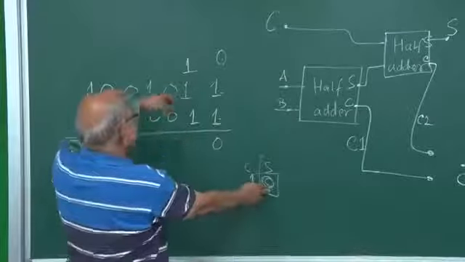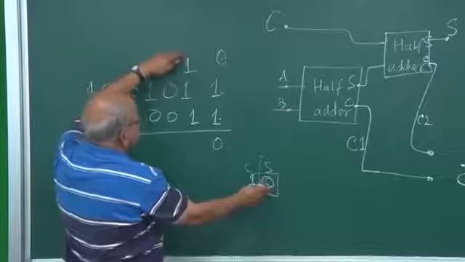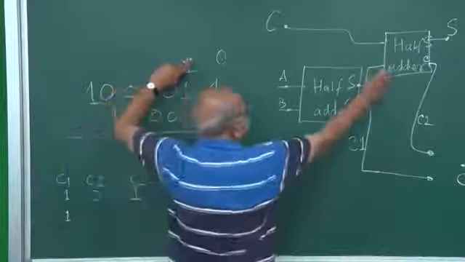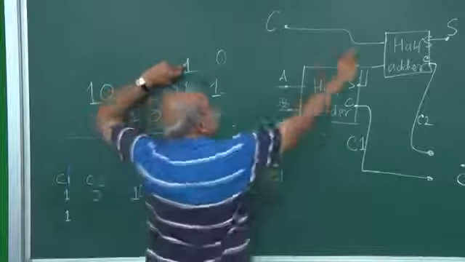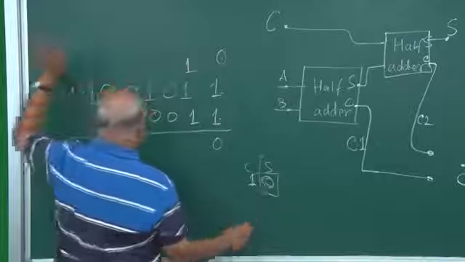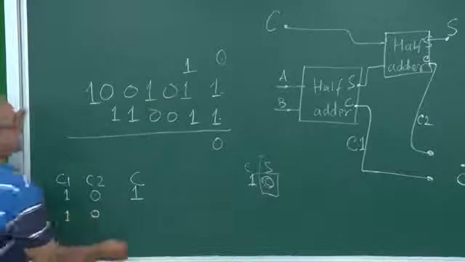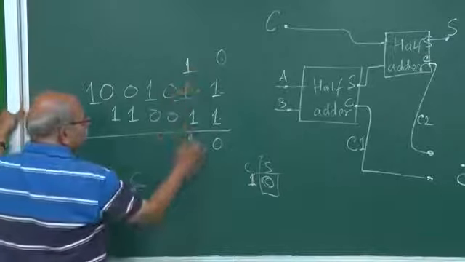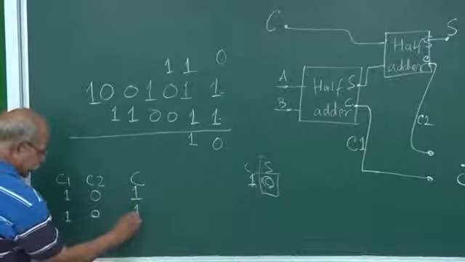That initial carry is 1. So 1 and this 0 are going into this half adder. If 1 goes here, 0 goes here, the carry is 0. So C2 is 0. And then it will be 1 here and 1 here. So your C is once again 1.